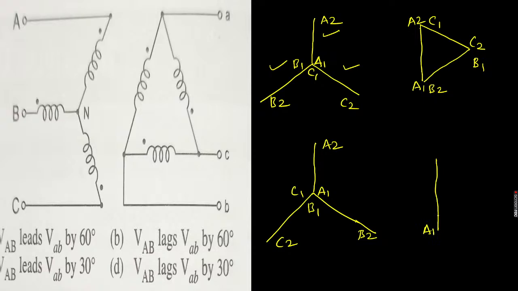First we are going from A1 to A2 and then we are considering C1 to C2 and then B1 to B2. Now here the connection is either you can draw in this way or you can draw A1 to A2, and then it will appear C1 to C2 and then this is also correct. Use small letter, B1 to B2.